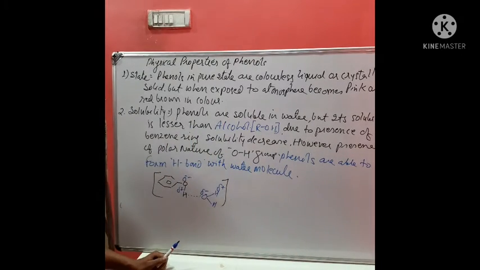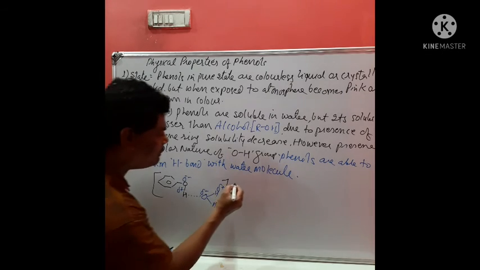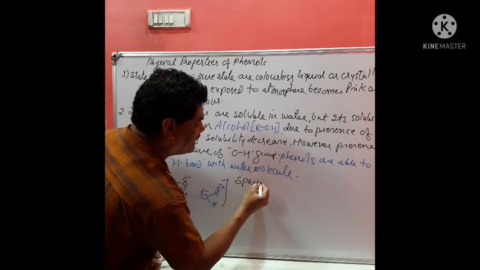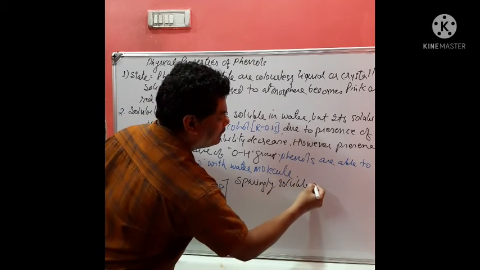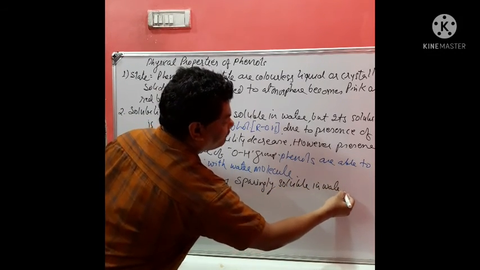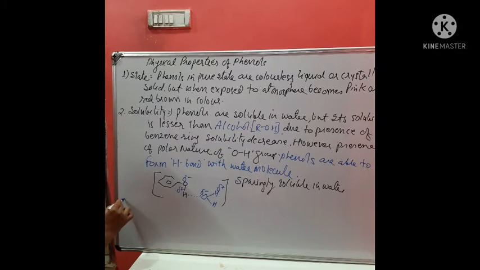Even between phenols and phenols there is hydrogen bonding, and water has hydrogen bonding. So if these two are mixed together, again a hydrogen bond forms, which is just similar to the previous hydrogen bond, although its magnitude is a little lesser. Therefore, it is soluble, but sparingly soluble in water.